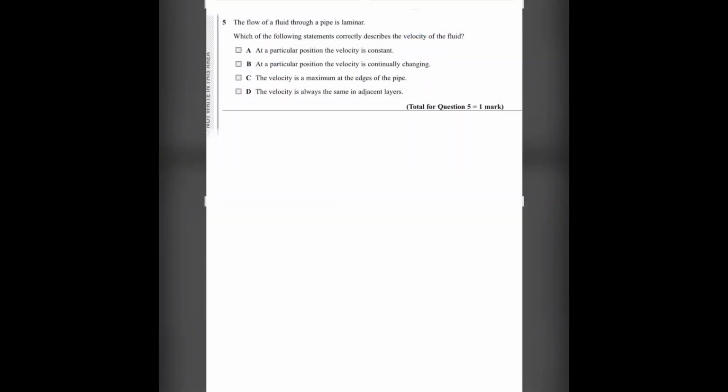Number 5. The flow of a fluid through a pipe is laminar. Which of the following statements correctly describes the velocity of the fluid? Let me draw a pipe. Let's assume this is a pipe, and through this pipe water is flowing like this.